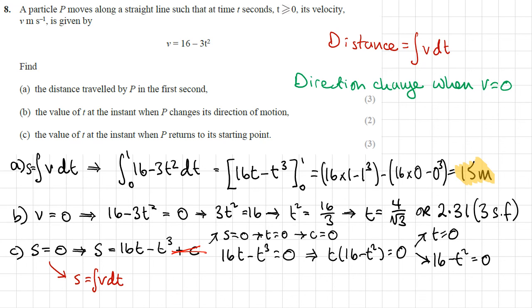In other words, t² = 16. So t is plus or minus 4, but time can't be negative. So t is 4. So 4 seconds is going to be the point when it returns to its starting position.